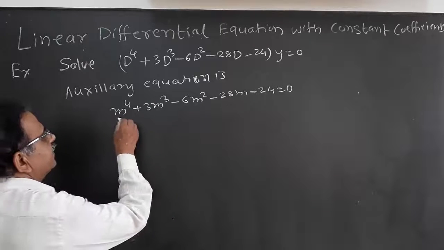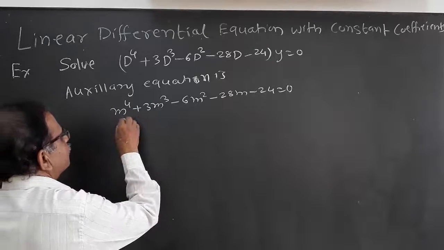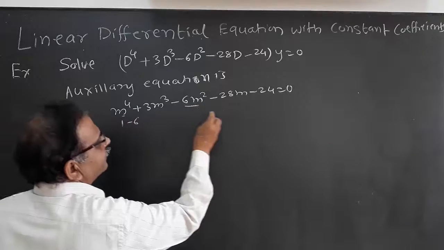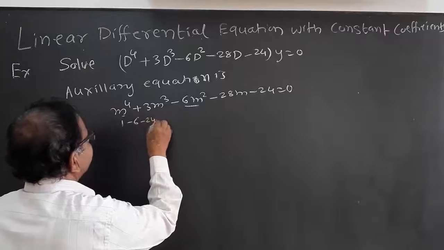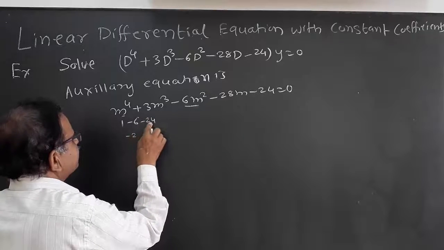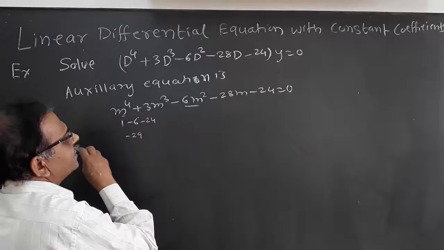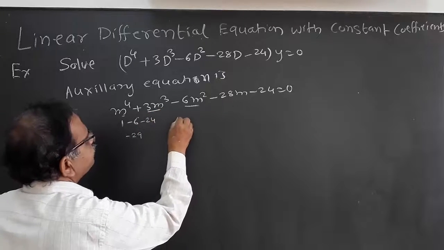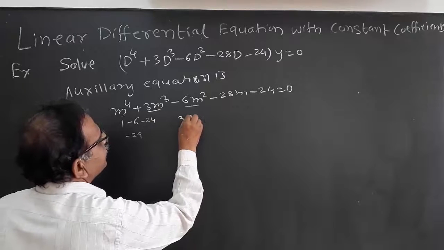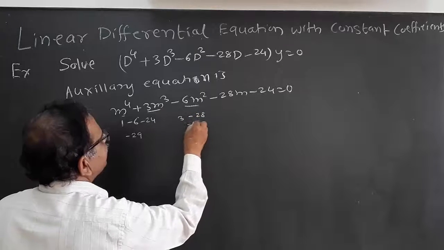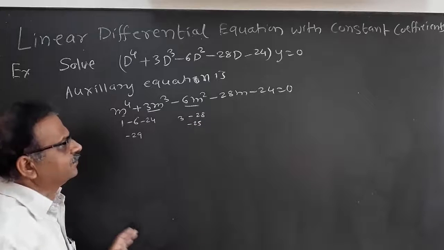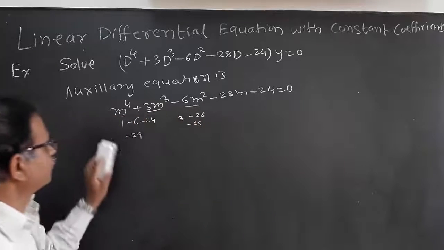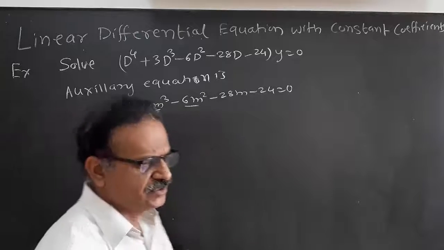If you take coefficients of odd and even powers: 1, minus 6 and minus 24, that is minus 29, and the coefficients of the other powers: 3, minus 28, that is minus 25, they are not equal. Therefore, m equal to minus 1 is not a root of this equation, m equal to plus 1 is not a root.